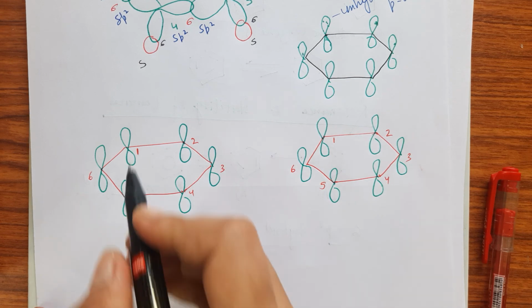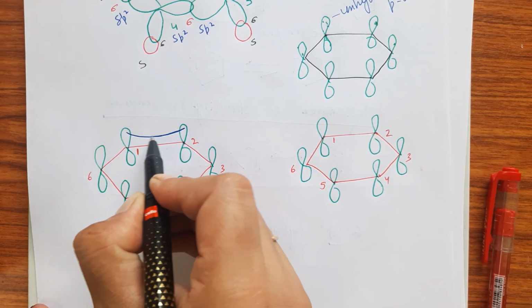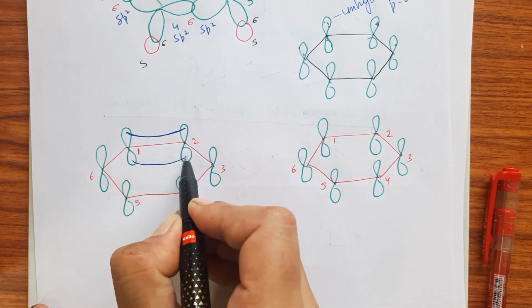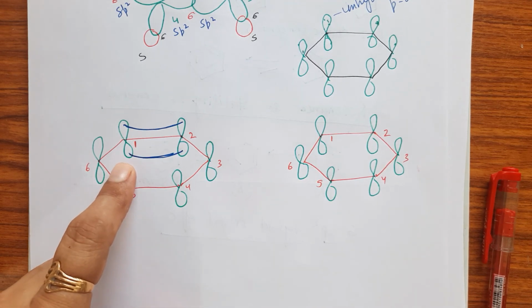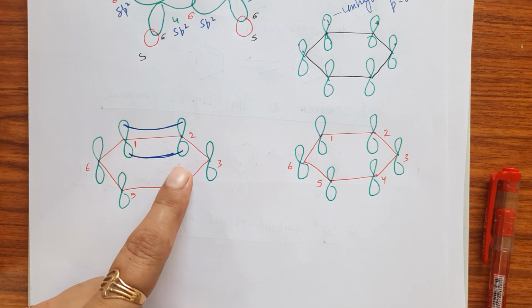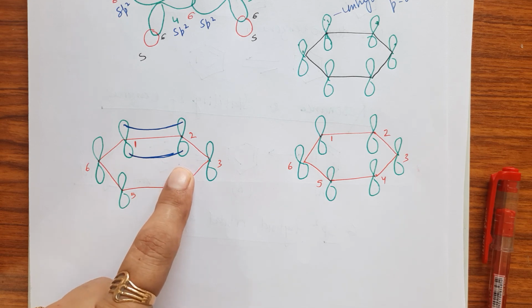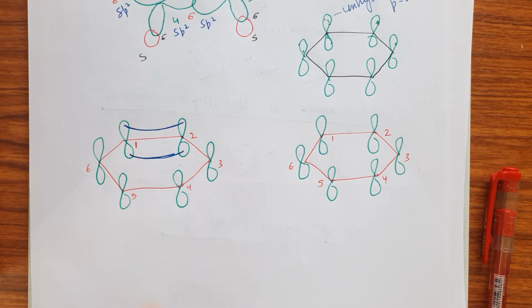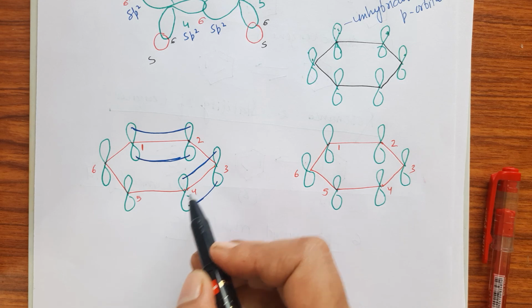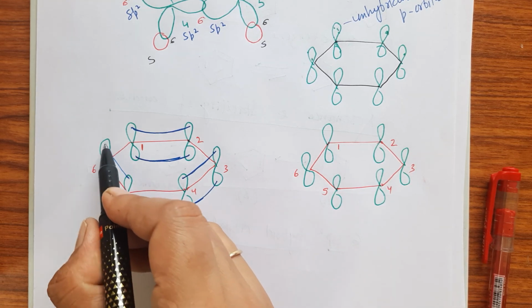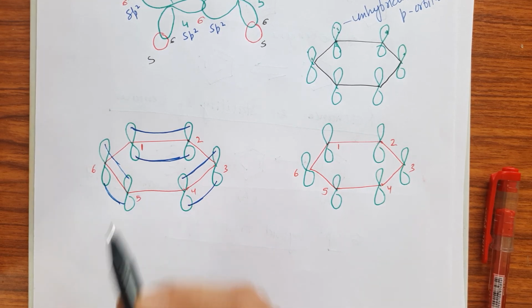So let's see. The unhybridized p orbital at 1 overlaps laterally with the unhybridized orbital which is present at the second position. In the same way, 3 can overlap with the fourth one, 5 can overlap with the sixth one, right?